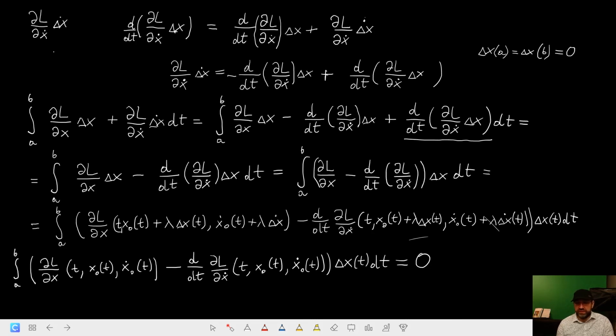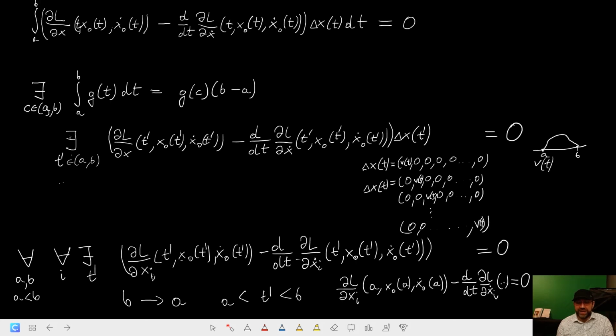The whole reasoning will go for any AB. Obviously, we used already that B was arbitrary, but now we can use that A is arbitrary.